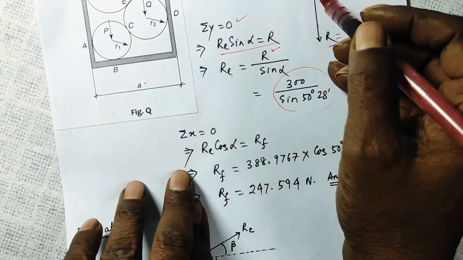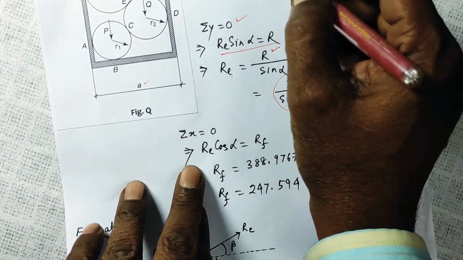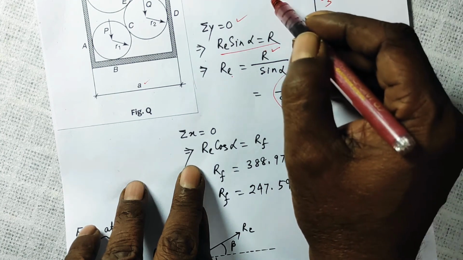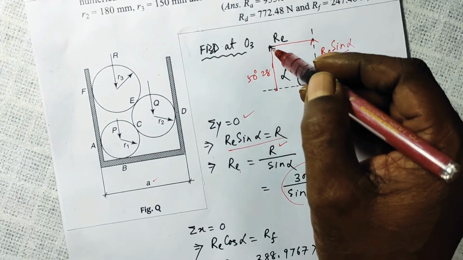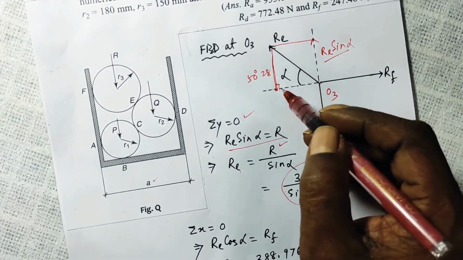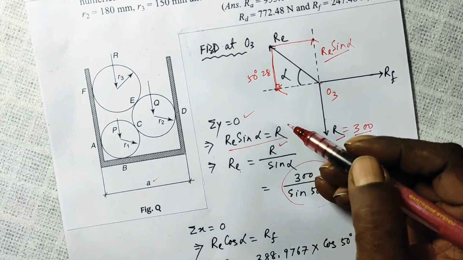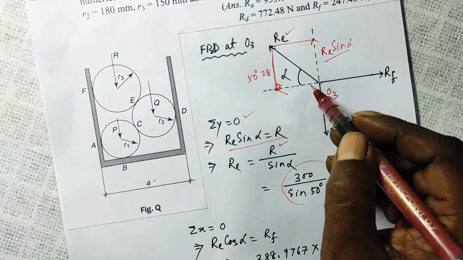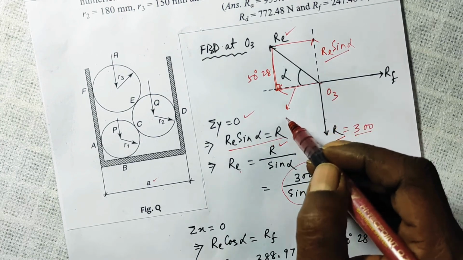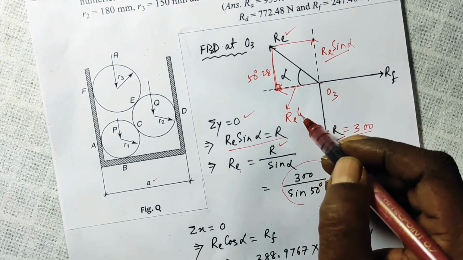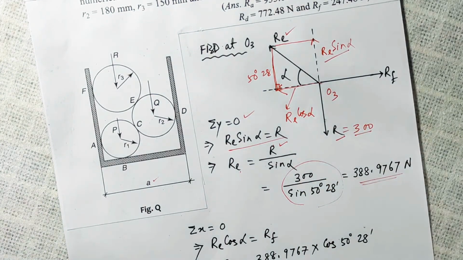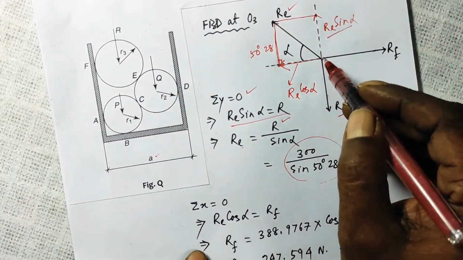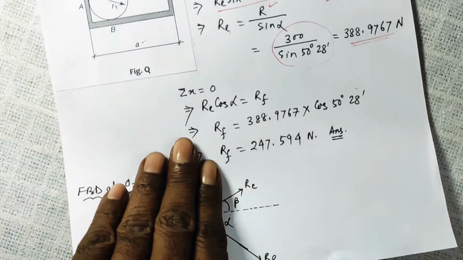Then apply sigma x equal to 0. We have been acquainted with how to apply it. Now if you drop a perpendicular from this point to this point, that will be the x component of RE, and how much will it be? It will be RE cos alpha. So RE cos alpha is equal to your RF.